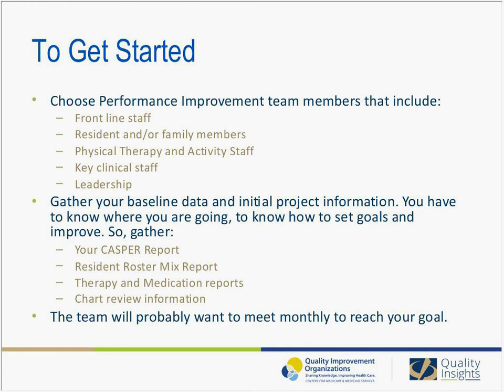They are going to include the frontline staff. They have the good information that you are going to need to understand why your resident is falling or is at risk for falling. Don't forget to include the resident and/or their family members in your quality improvement projects. They have a great voice and information that will help you succeed.